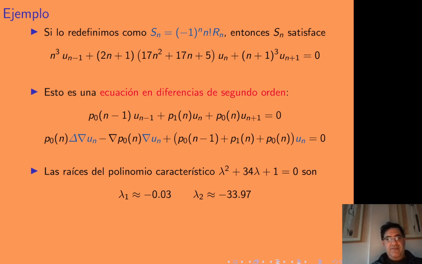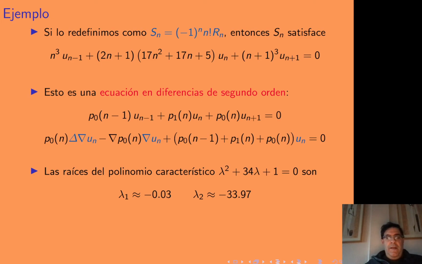This 34 comes from this 2 times 17, right? The roots of this polynomial, the characteristic roots, are something really small and something which is minus 34. It's a big number and negative. What we are going to do in the future is remove this minus, because we have this minus 1 to the n at the top.